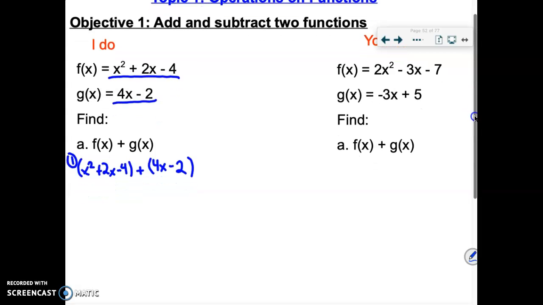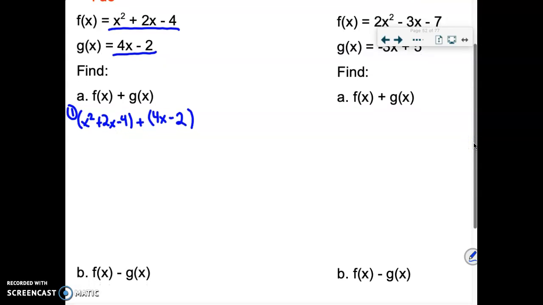The second step is what's called combining like terms. So, from review of Algebra 1, a like term has to deal with mainly the power and a variable itself, but you're looking at the power that each variable has.